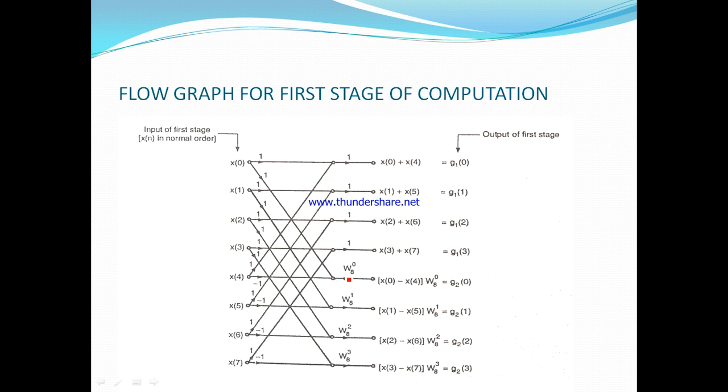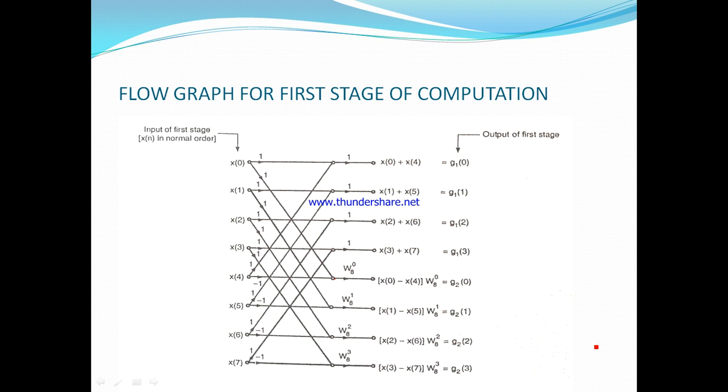Then this value is multiplied with W8 power 0. So x of 0 minus x of 4 into W8 power 0 is G2 of 0. Like this, the same process will be there. Here it takes x of 1 minus x of 5 into W8 power 1. So the same calculation will be there.